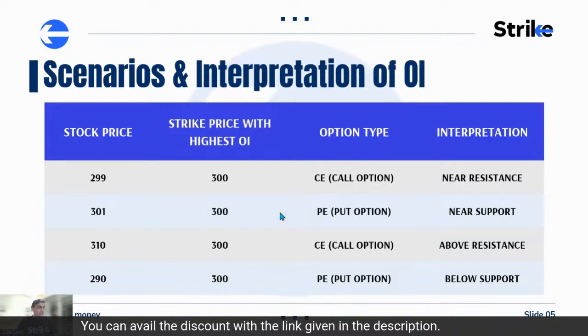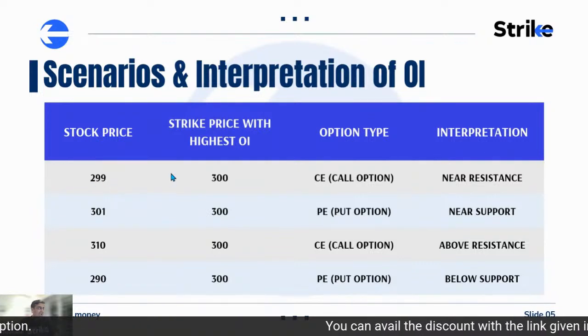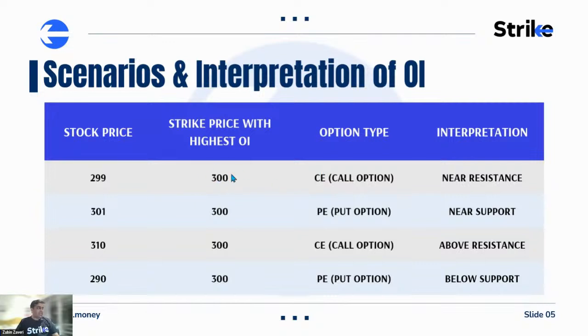So just to explain these concepts once again, let's assume the current market price of a stock is 299, and the strike price with highest call OI is 300. We will say that at this point of time, the stock is near resistance level.